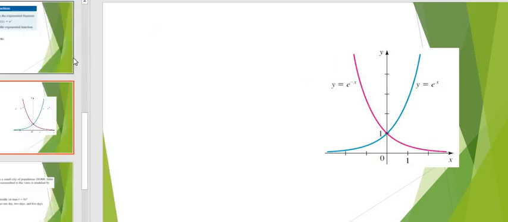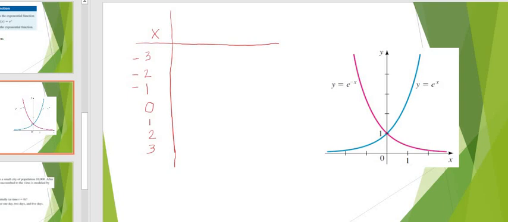Now we will write down our corresponding values. We have x: -3, -2, -1, 0, 1, 2, 3.